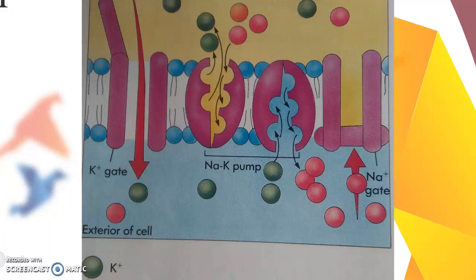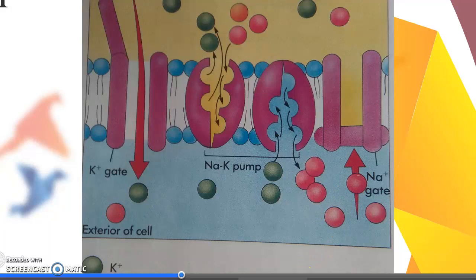As a result, we obtain a change in the voltage. So inside becomes now more positive than the outside. It becomes plus 40 millivolt, and outside becomes minus 70 millivolt. For this reason, the action potential occurs.